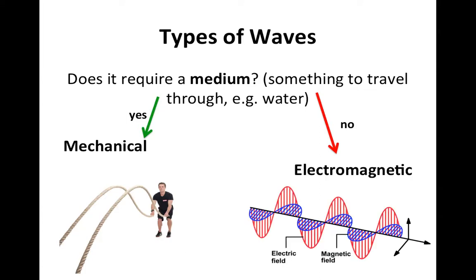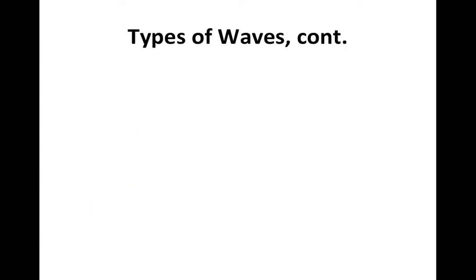If it doesn't require matter as a medium, then it's electromagnetic, because light is electromagnetic and it doesn't require matter. It can go straight through empty space or a vacuum. It doesn't have to have air present like sound and other mechanical waves do.